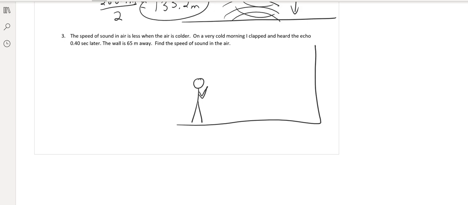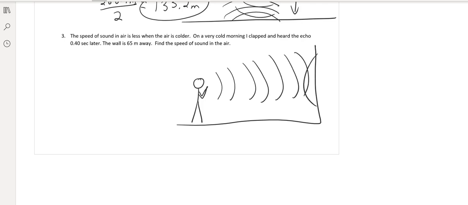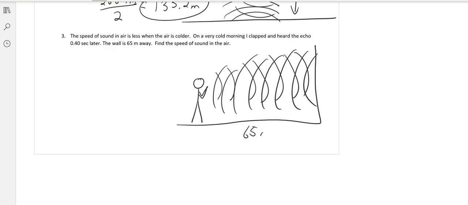So I clap, and the sound goes out to the wall and comes back. We are 65 meters away from the wall. So the distance that the sound travels down and back is 65 meters times 2, or 130 meters.